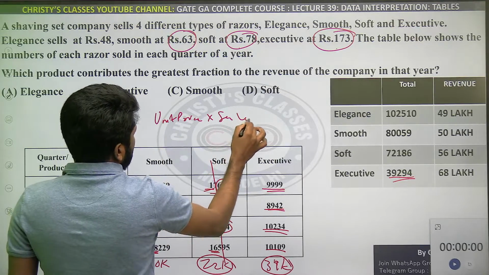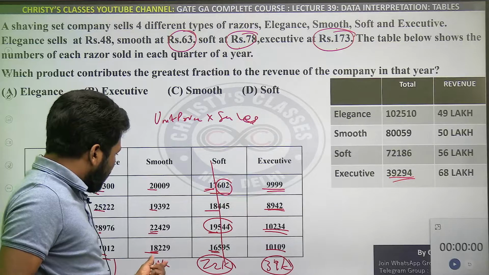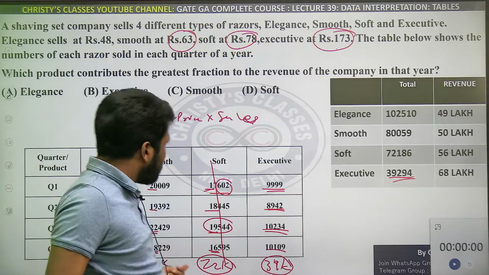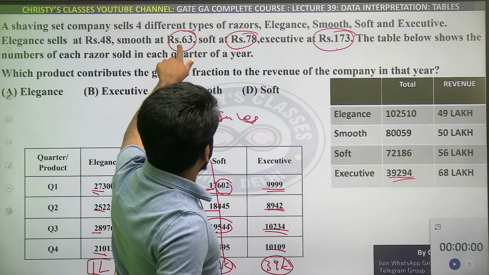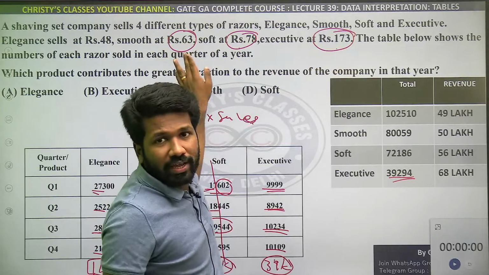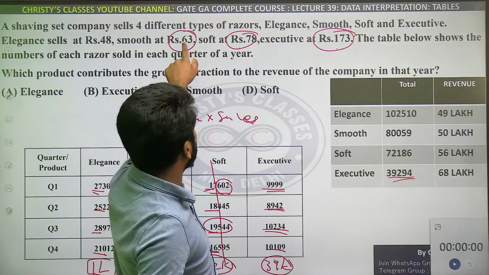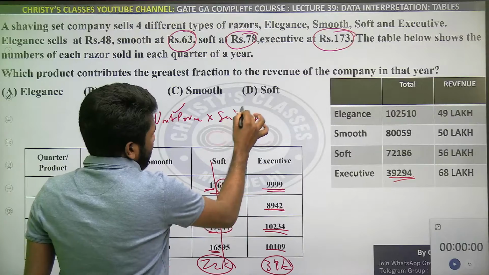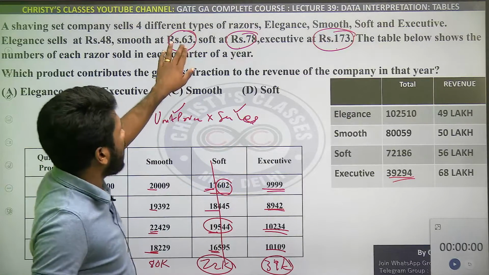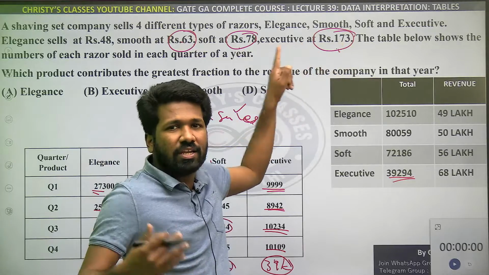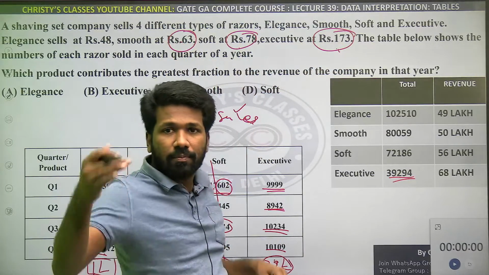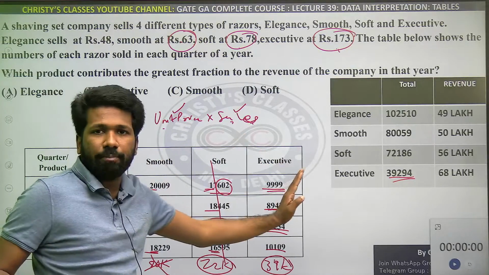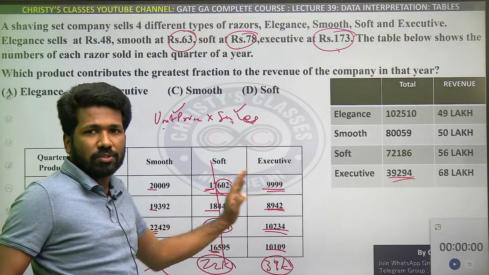In Smooth, listen carefully, sales is double of Executive. So sales is double, but Smooth's per unit price is less than half. If it were exactly half, the two would cancel out. But 173's half is 85 something, and 63 is much below that. So considering these two factors, Smooth's 80,000 cannot compete with Executive. Executive will be much more than Smooth's total sales.